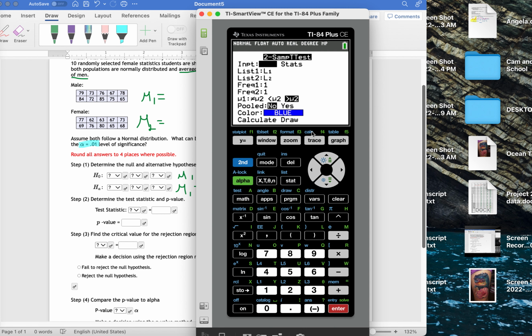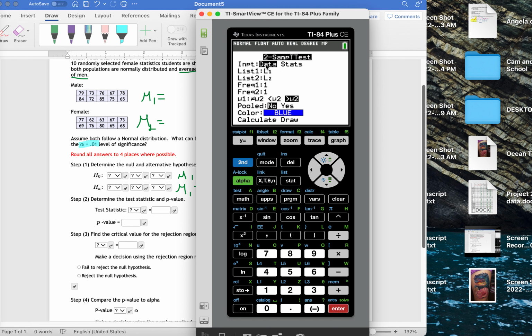Now this time, instead of using stats, if we use stats, we need to know what all the averages and the sample standard deviations are and everything like that. To save us some work, we're going to do it directly from the data and have the calculator find that information for us and do the hypothesis test all in one step.